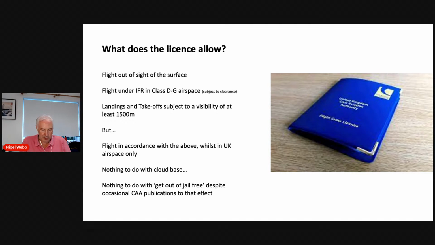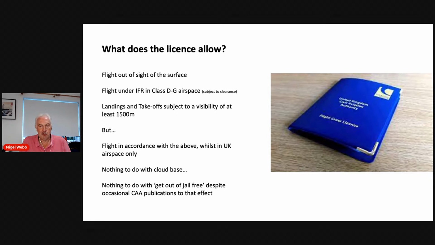So hopefully a source of some confusion there we can get rid of immediately. Your IMC rating in no way at all works outside the UK, and it's only the case that you can fly instrument approaches outside the UK strictly as a VFR flight, unless one of you on board has an instrument rating in a position to take control of the flight.